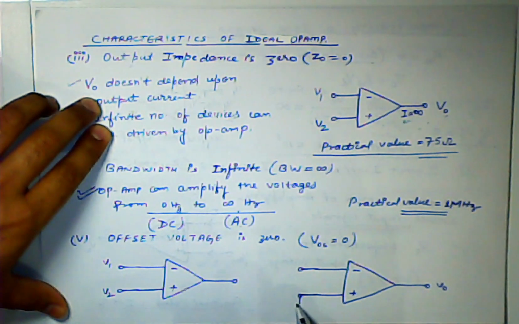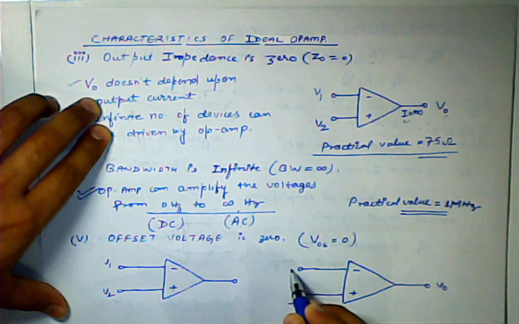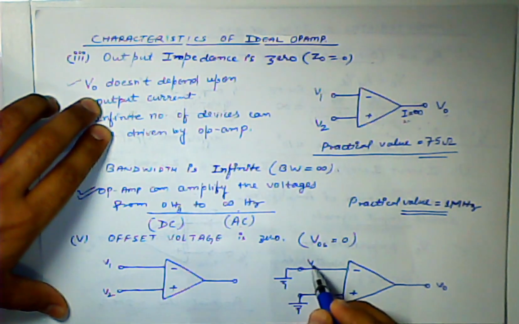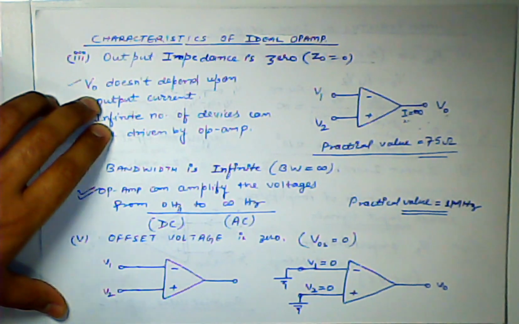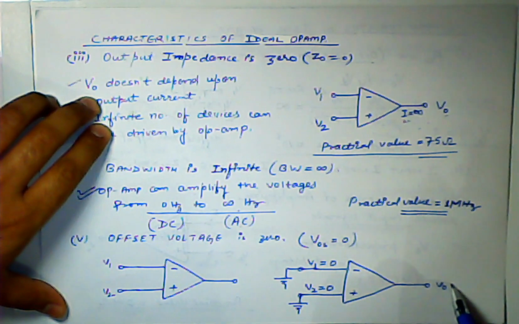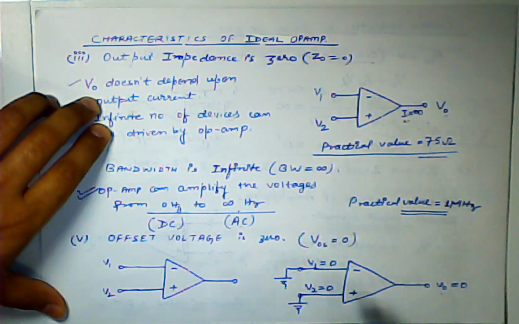In case you are connecting ground to both the inputs, V1 is 0 as well as V2 is 0. Two voltages, both are 0. So we must get an output that is 0 only, because the difference of the input is V2 minus V1 and output is proportional to the difference. Difference is 0, so output should be 0.